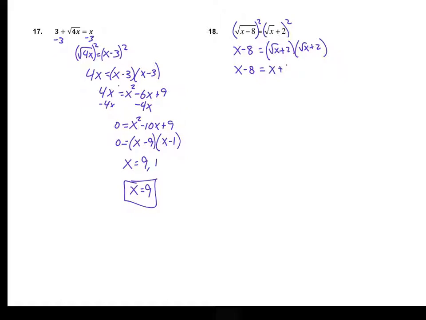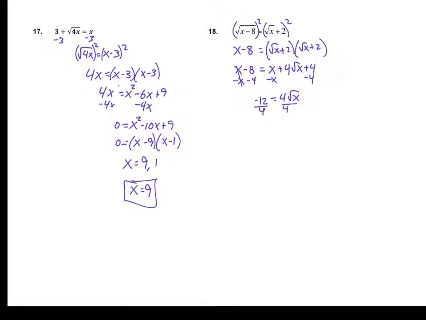Foil that, and we get x minus 8 equals x plus 4 square root x plus 4. We're going to subtract x and 4. Those cross out, so we get negative 12 equals 4 times the square root of x.